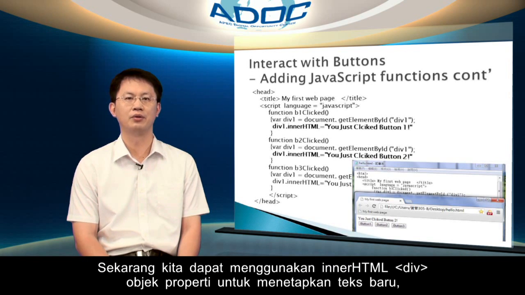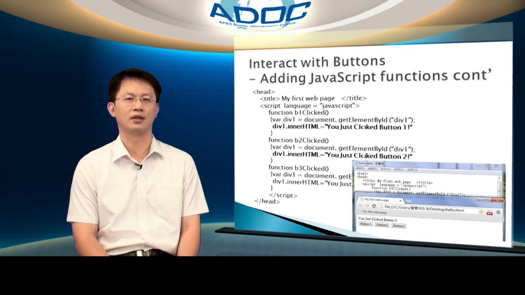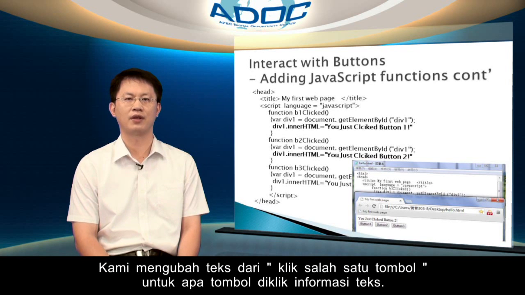And now we can use the div object's innerHTML property to assign the new text. And the text will automatically appear in the web page as shown in the slide. We change the text from "click one of the buttons" to whatever the "button is clicked" text information.